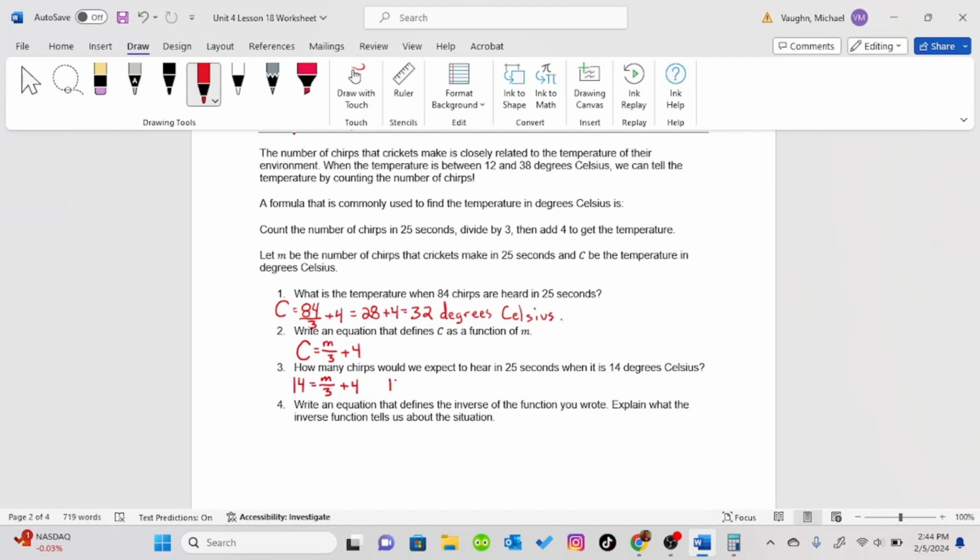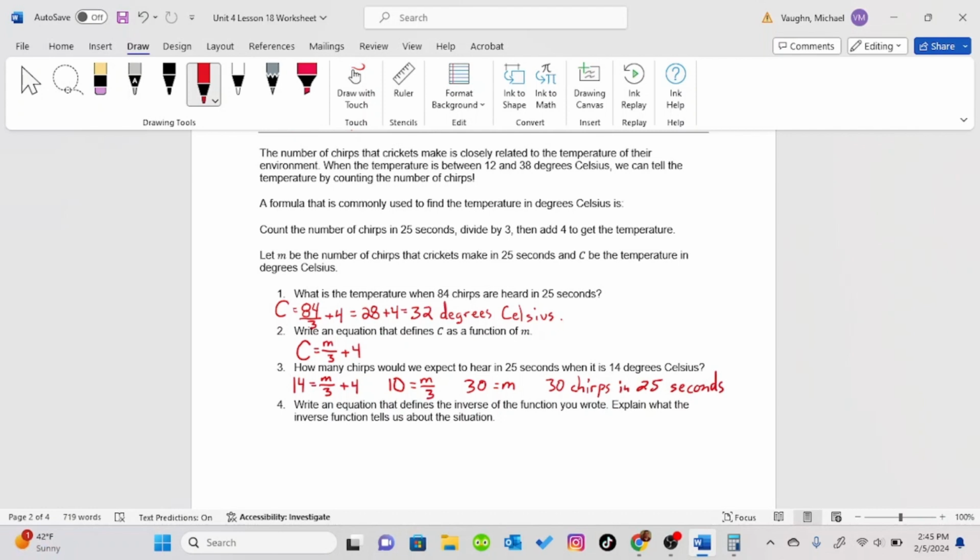So I have 14 minus 4 is 10. 10 equals M divided by 3. Now I multiply both sides by 3. 10 times 3 is 30, equals M. So that is 30 chirps in 25 seconds.